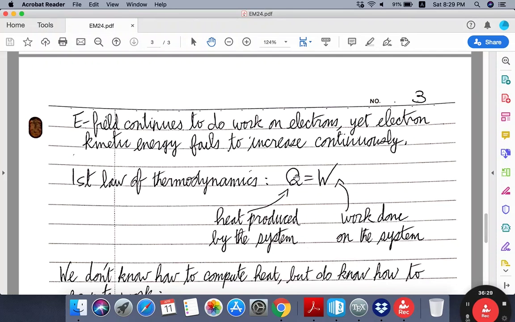So you keep doing work on the electrons using the electric field, but somehow all that work is not being converted into increased kinetic energy of the electron. So that means the energy is somehow being wasted.